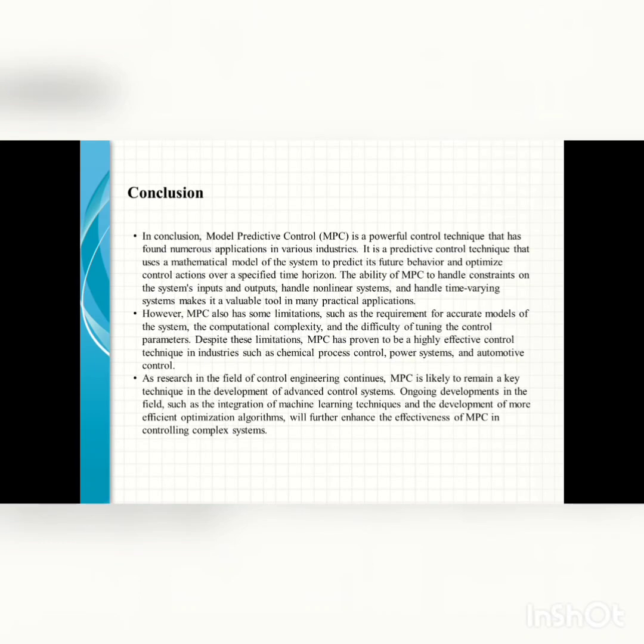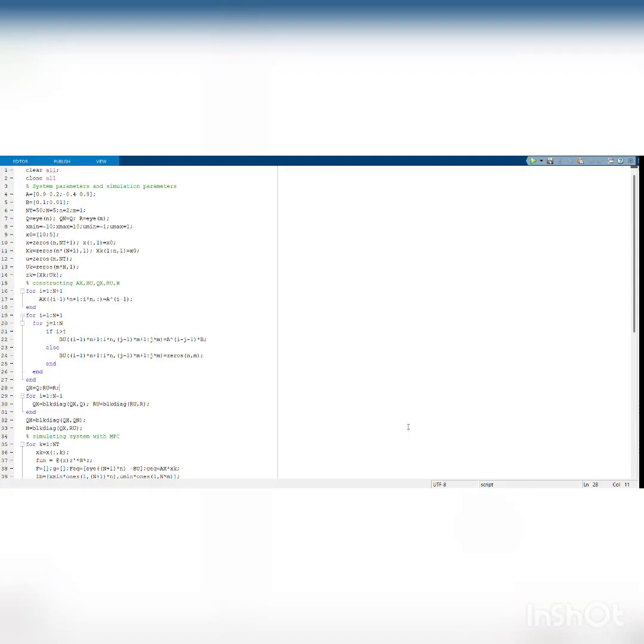Next, I am going to talk about the MATLAB code. In this, I'm going to discuss the source code. That is, it is optimized using lower bound and upper bound. The optimization problem: here we predefine the values A, B, N_t, Q and so on, up to the z initial value.